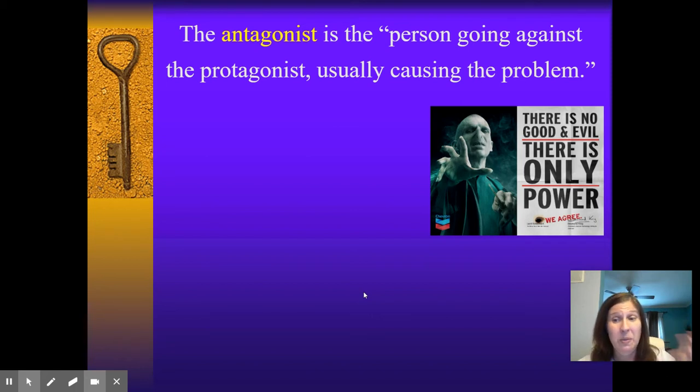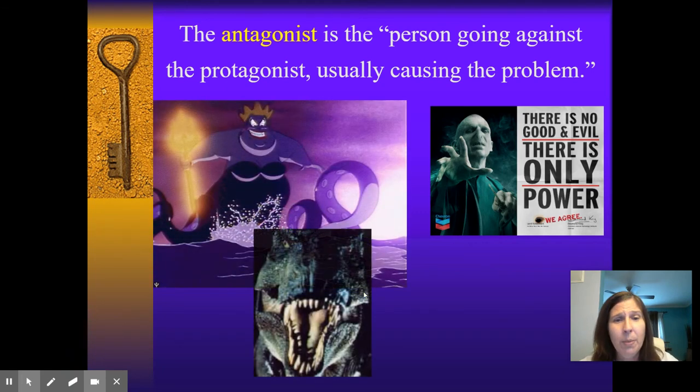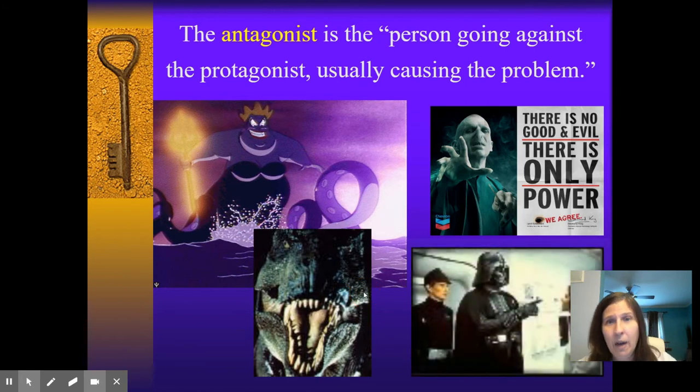They're the good guys, but they're causing the problem for him. He's trying to get away and they're following him. He's trying to escape and they're trying to catch him. These are just a couple other examples of antagonists. These are the typical bad guys in a story, but I want you to know that an antagonist doesn't necessarily have to be a bad guy.